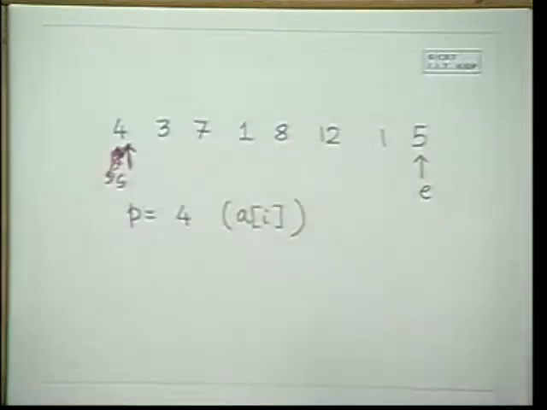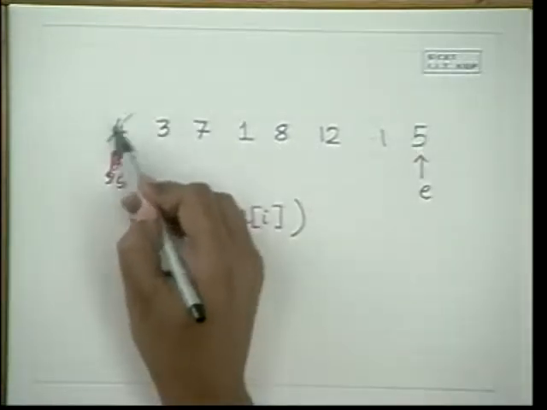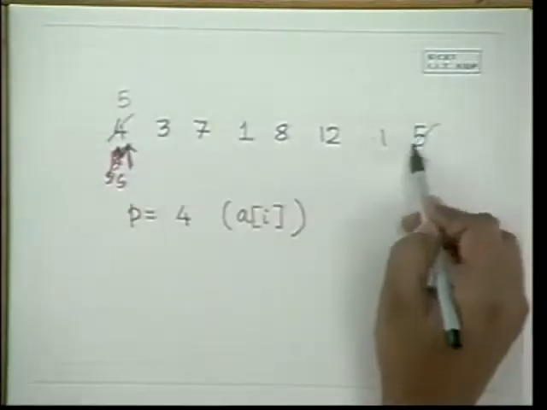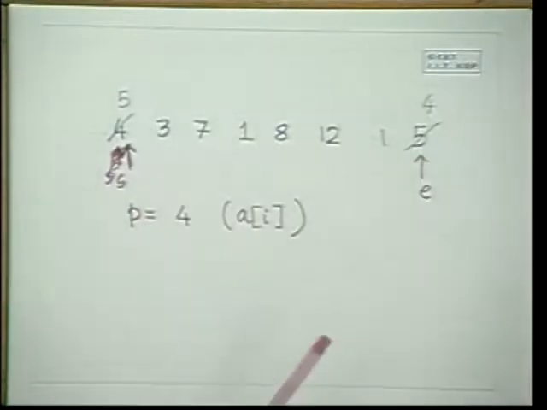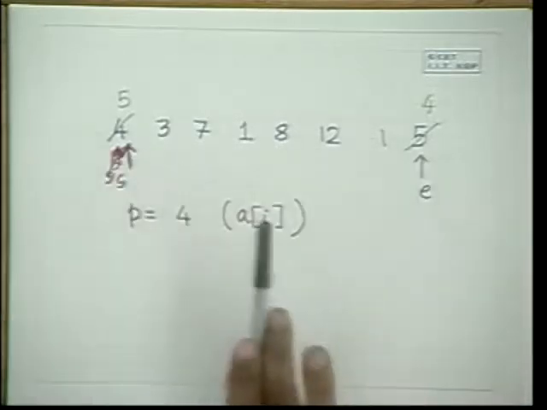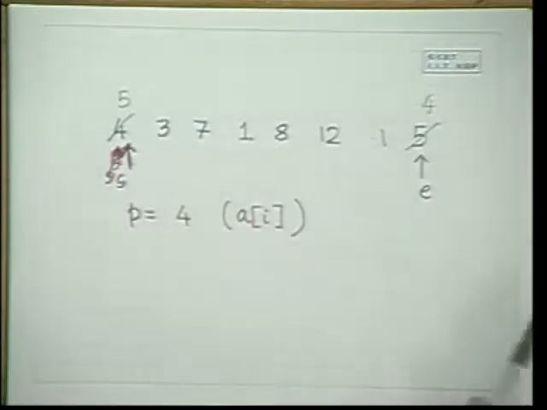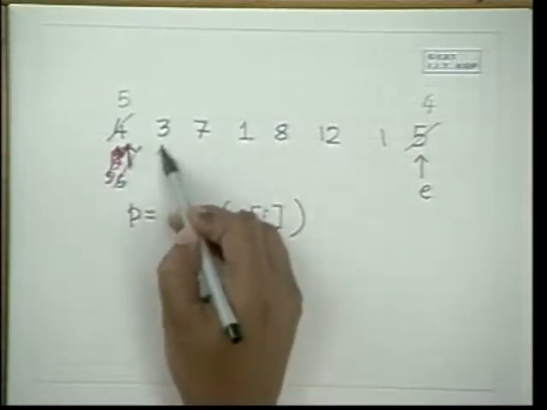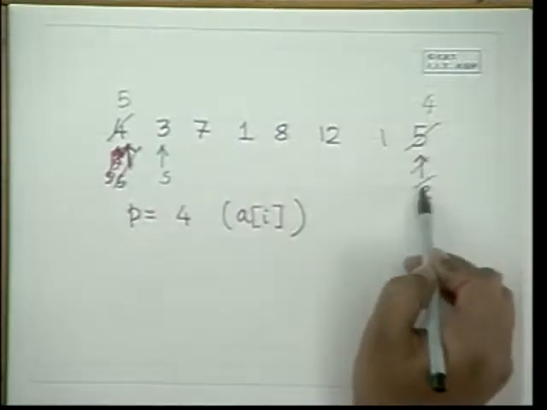So we simply exchange them, and after exchanging, this becomes 5, this becomes 4, because the elements which are this side are less than or equal, and elements which are this side are greater than. Let us say this is our argument, and S now comes here and E now comes here.